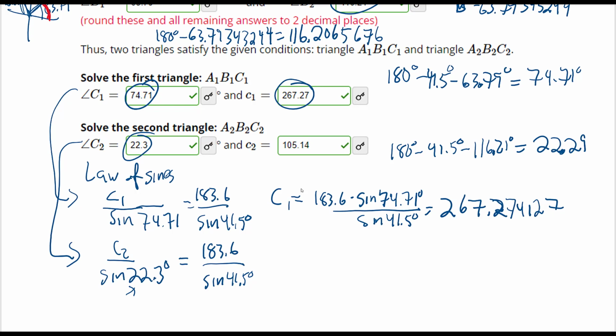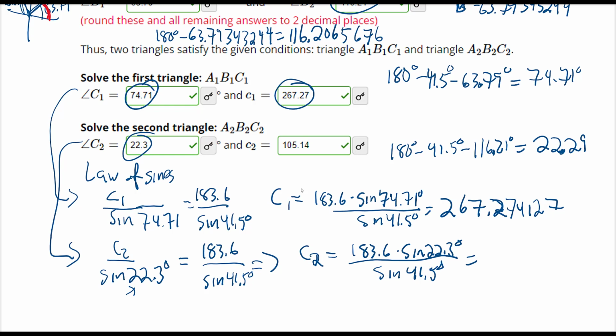I want to point out that this is the smallest angle, so our C should be the smallest side. So it should be less than 183.6. So C2 is going to be 183.6 times sine of 22.3 degrees divided by sine of 41.5 degrees.